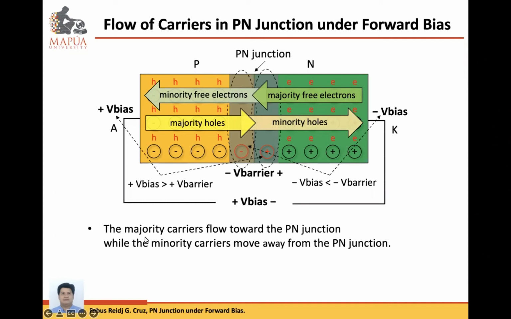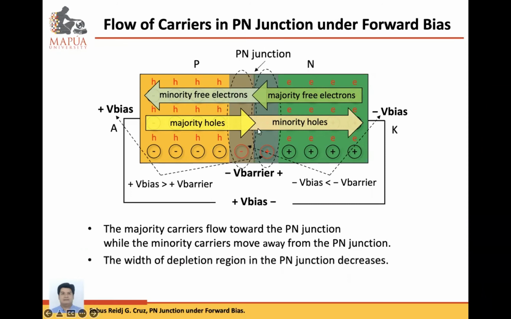So in forward bias, the majority carriers flow toward the PN junction, while the minority carriers are moving away from the PN junction. So dito yung minority holes palabas ng PN junction. Likewise, minority free electrons are moving away from the PN junction. Okay? So dinescribe lang natin yung movements.